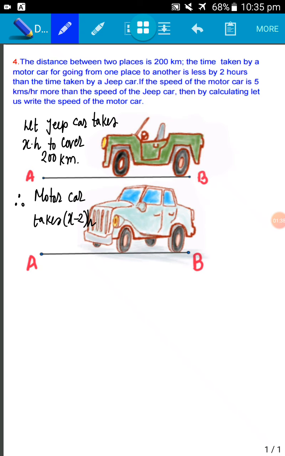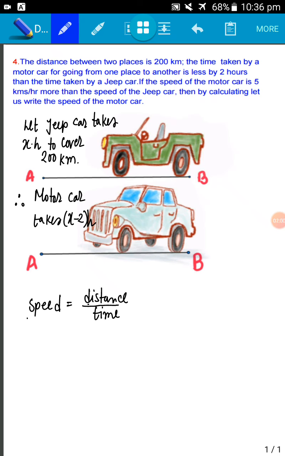Next, it is given that the speed of the motor car is 5 km per hour more, so we have to find out the speed. As we know, speed equals distance by time.